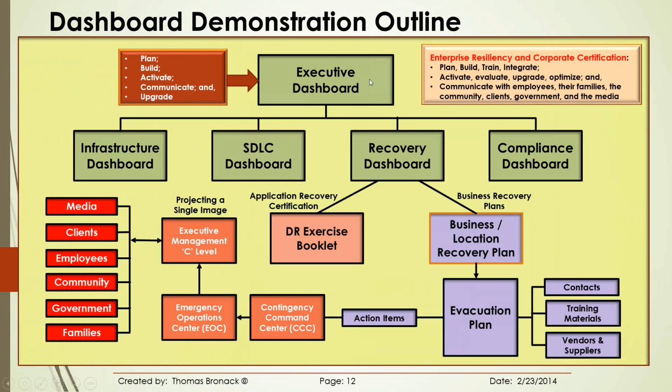Now, a typical use of this dashboard would be from the executive. Somebody would tell me, I have an active disaster going on right now. Oh, he would go down to the disaster recovery and realize that there is a business location that has a problem. There's a fire at a location. He would then look at the recovery plan from there and see that steps are being done. When a step is completed, it's marked as green.